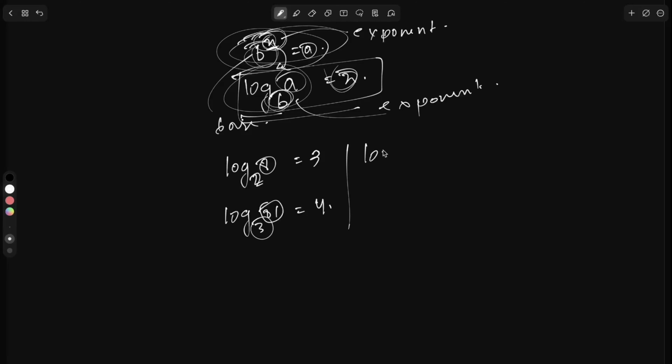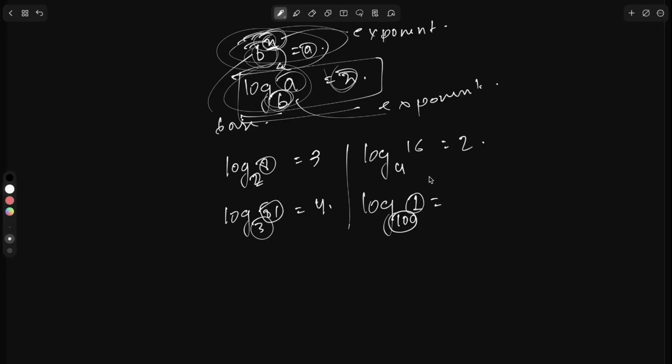Similarly, log base 4 of 16 should be equal to 2, and log base 100 of 1, what is this going to be? I mean, to which power must 100 be raised to get 1 out of it?